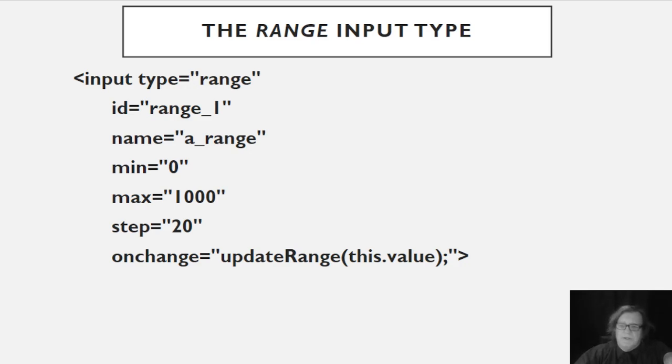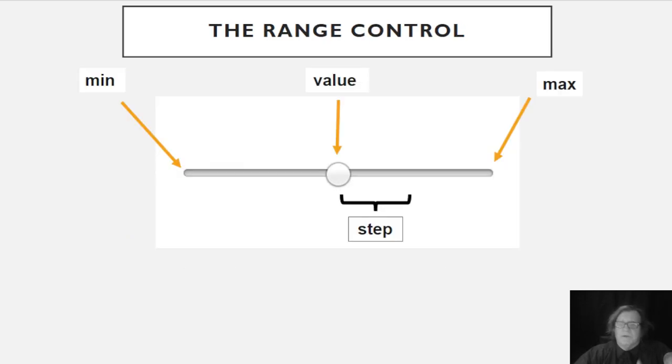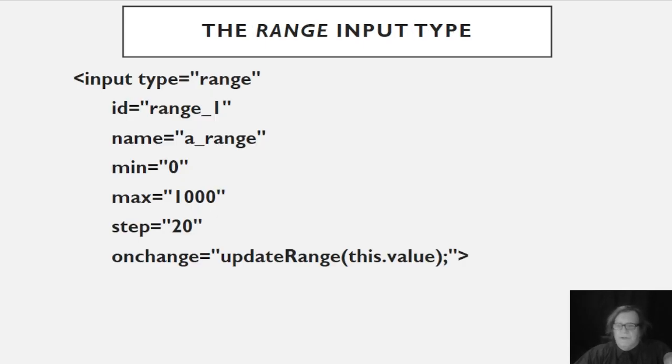Okay, so you're familiar with this now. You put all this in, except for that last line, and this generates a control with a min value and a max value, and it can step a certain amount. Its default is 1, but it can step a certain amount for each increment. And so there it is. The range is just the type of input.